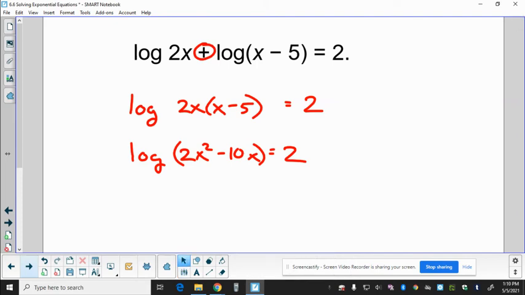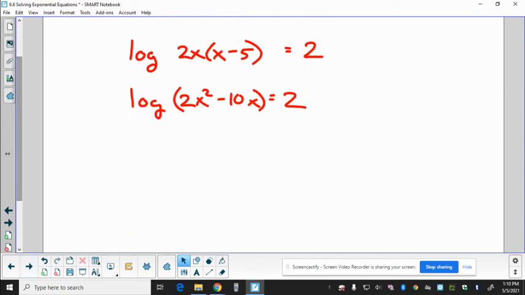Now my question for you is, what would you do next? Well, what you might want to do is rewrite this as an exponential function, knowing this is a base of 10. So this would be 10 to the 2 equals the value of the logarithm. And 10 squared is 100, right?